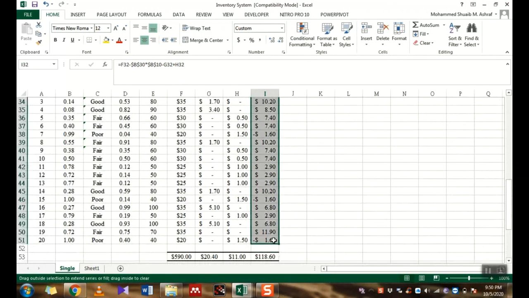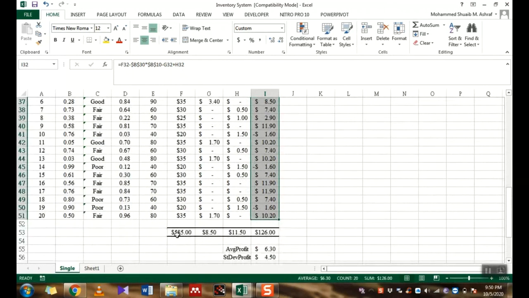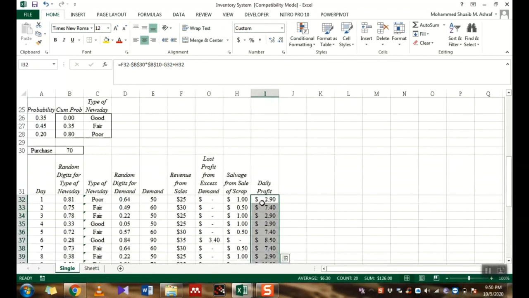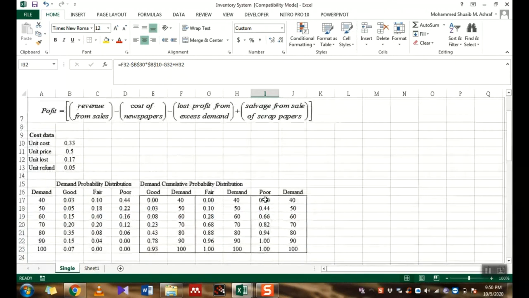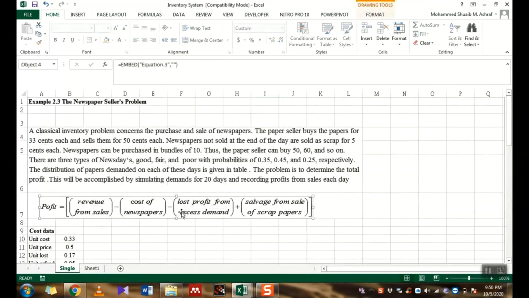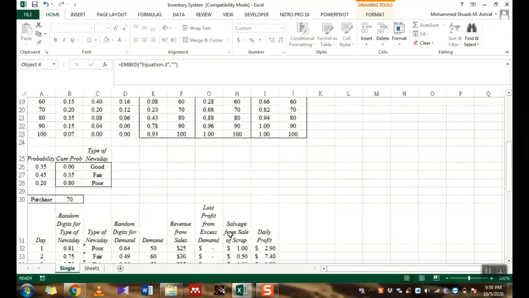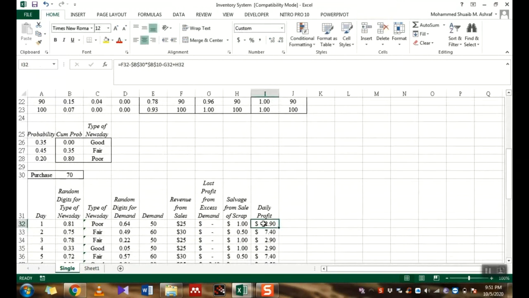So profit is calculated for 20 days. We can see this formula again: revenue from sale minus cost of newspaper minus lost profit from excess demand. The cost of newspaper is 70 multiplied by 33 cents.